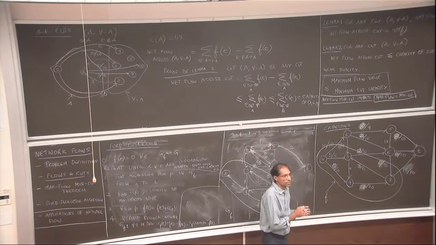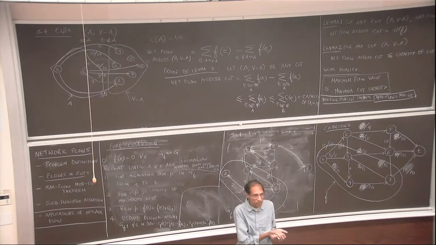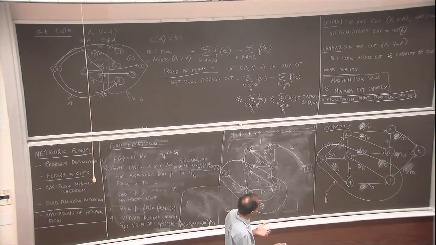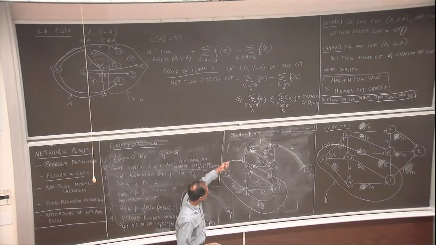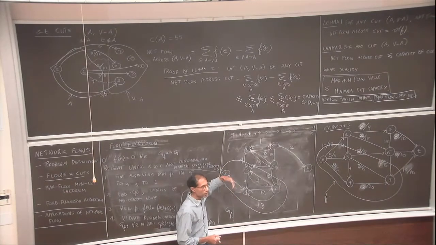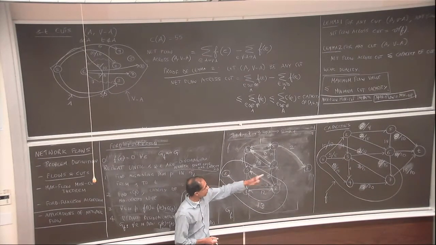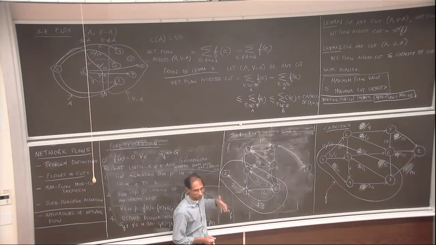On that path, always send the maximum amount you can possibly send. Then you construct a residual network, find an augmenting path in the residual network, and keep repeating this. When you find a path in the residual network, you update your flow and update the capacities of the residual network. Okay?